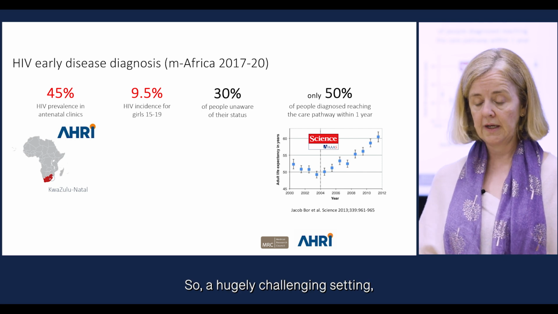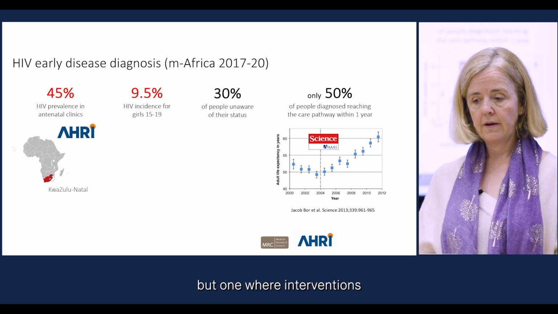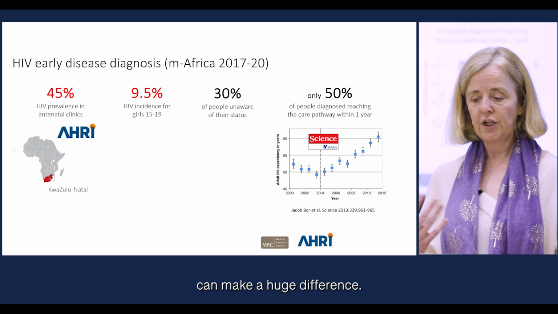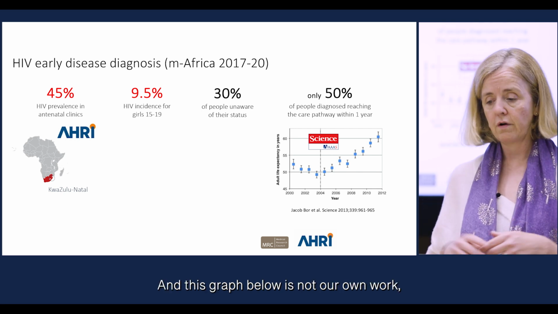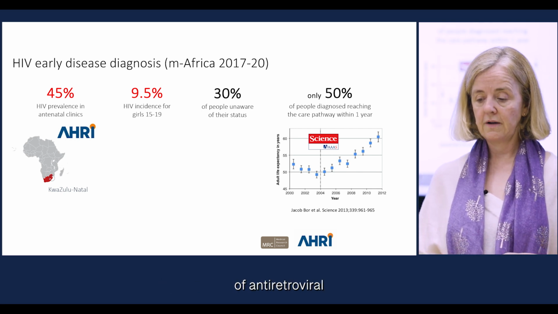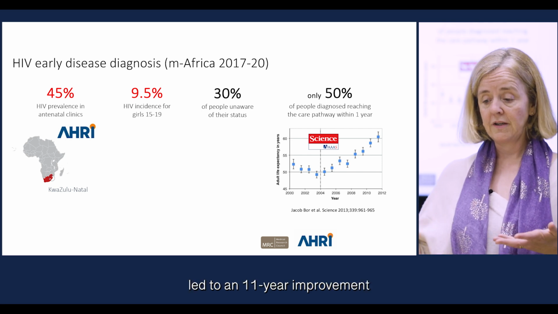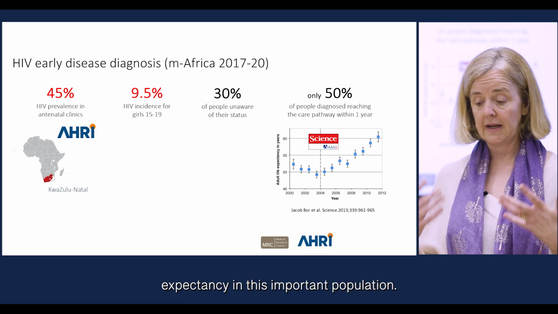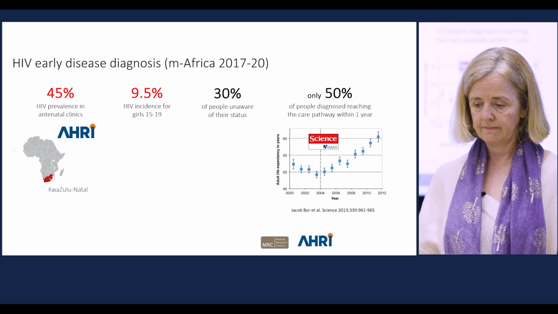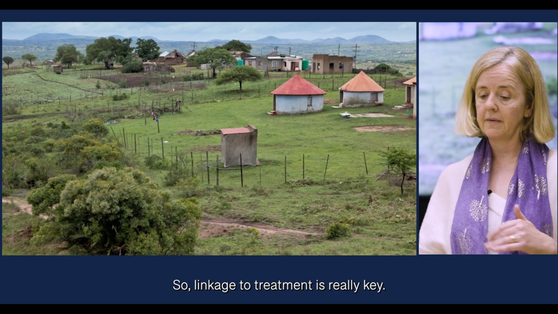So a hugely challenging setting, but one where interventions can make a huge difference. And this graph below is not our own work, but it shows the introduction of antiretroviral therapy in 2004 led to an 11-year improvement in life expectancy in this important population. So linkage to treatment is really key.